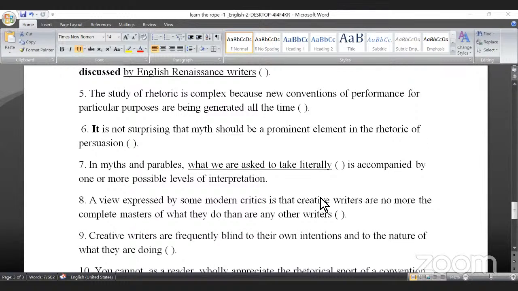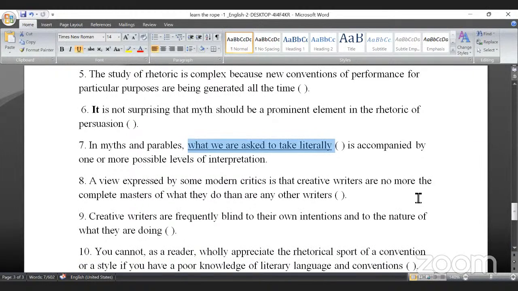All right. So we look at the last three quickly. A view expressed by some modern critics is that creative writers are no more the complete masters of what they do than are any other writers. A pretty long sentence. Look at it a little carefully. Sometimes it's very simple, it's just the length.